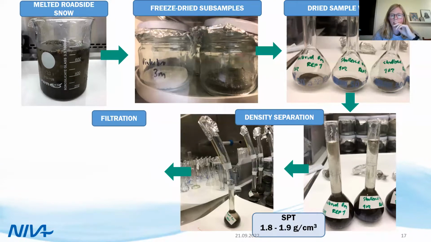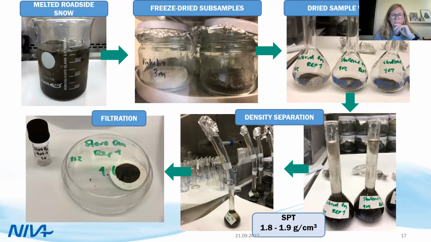And we tried to make these weird things in the lab so that we can capture the fraction that will float and not mix up everything that's in the bottom. And then we did a filtration of the floating part in the end. And then we redid this 3 times to get as much as possible out of it.